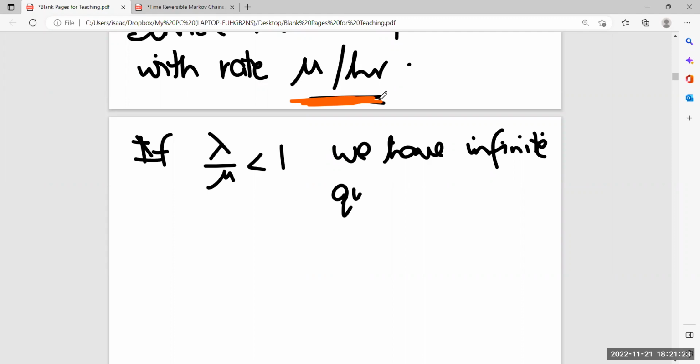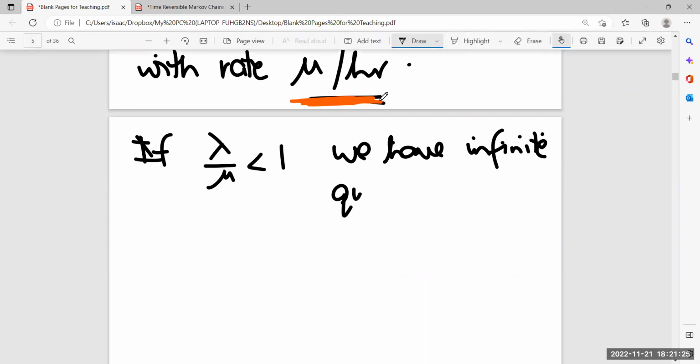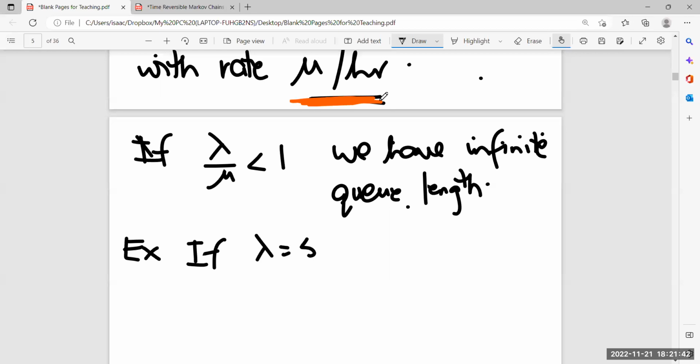So as an example, say lambda is equal to 5 arrivals per hour, and let's say mu is equal to 6 per hour.